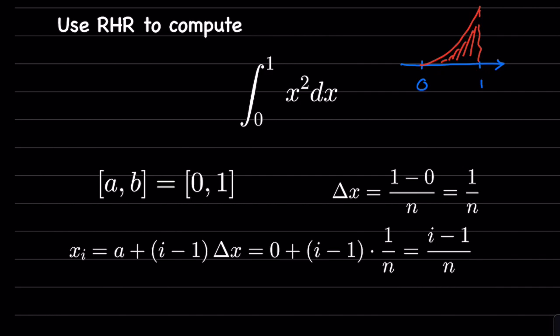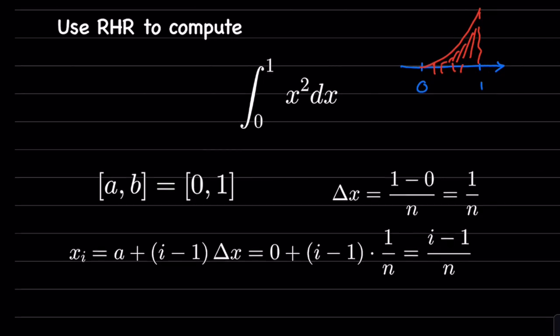But let's divide this interval into n equal subintervals and try to give an estimate. So basically you're dividing this interval from 0 to 1 into n equal subintervals.